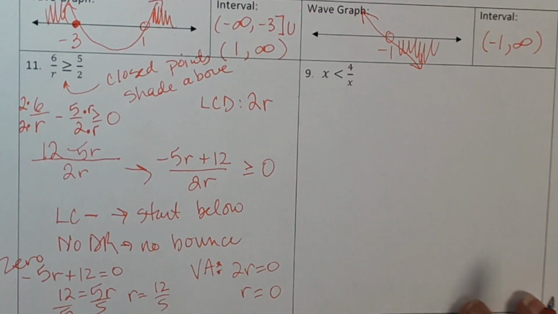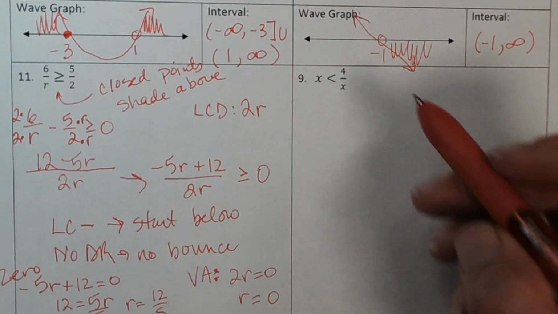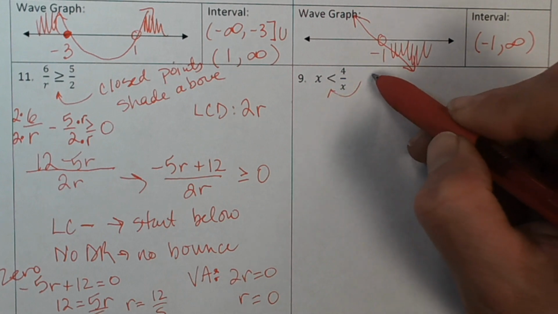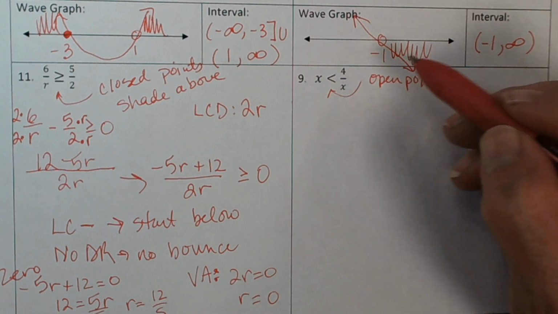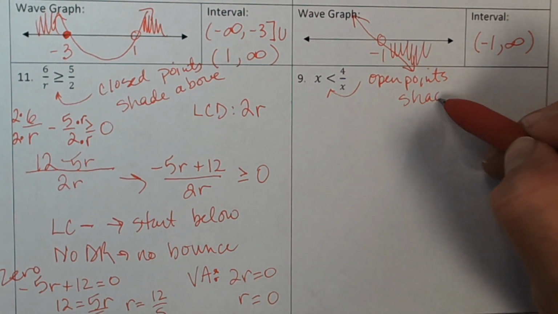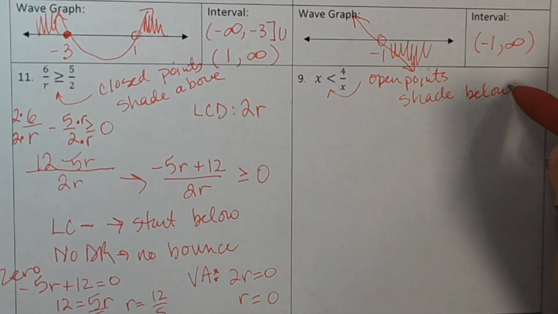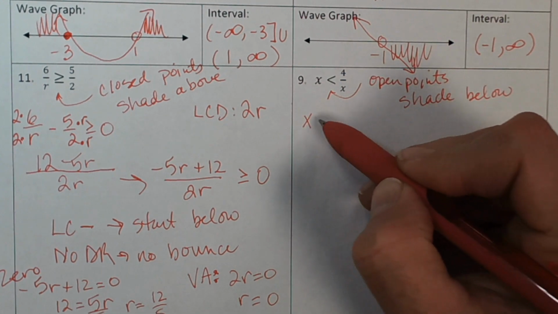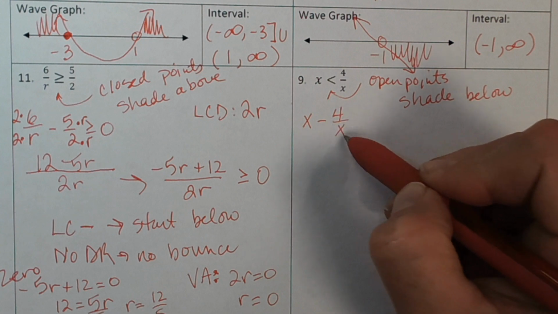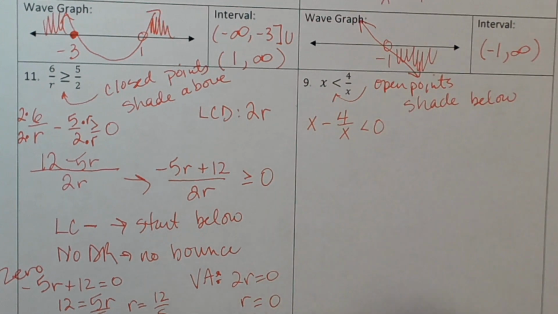All right, last example for today. So we look, we see these should be open points. Less than, so we're going to shade below. First thing, move everything to the right. x minus 4 over x is less than 0.